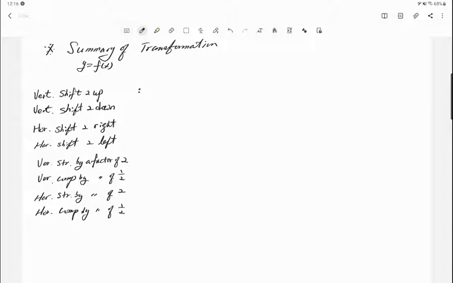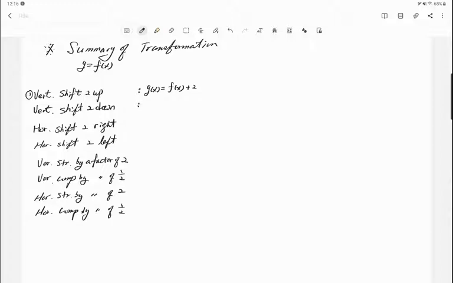Okay, so first, the vertical shift 2 units up. That means you get the new function g of x. In this case, we add the number 2 to the y value. So this is a vertical shift 2 units up, right?